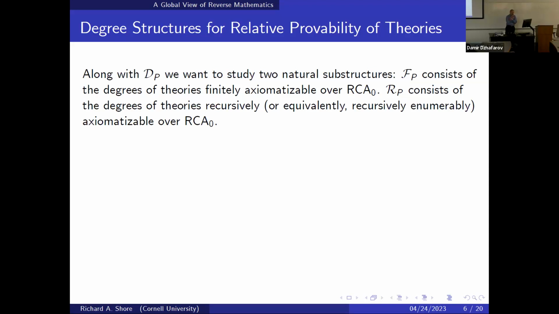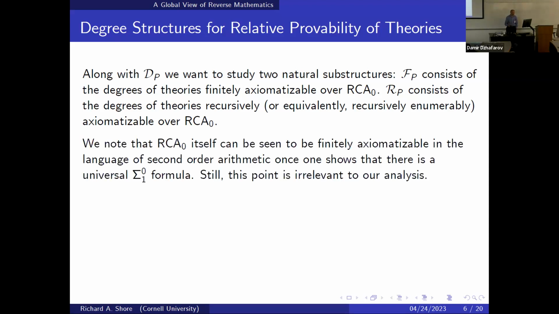So it seemed to me that the natural substructures in terms of provability were the finitely axiomatizable theories. I mean, that's a very prominent class and has a lot of interesting proof theoretic and algebraic properties. And then the axiomatizable theories, as we call them. That is, there's a recursive, or equivalently recursively enumerable, list of axioms. So those I want to single out as the interesting substructures.